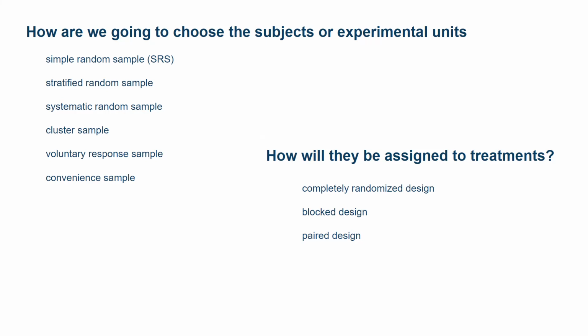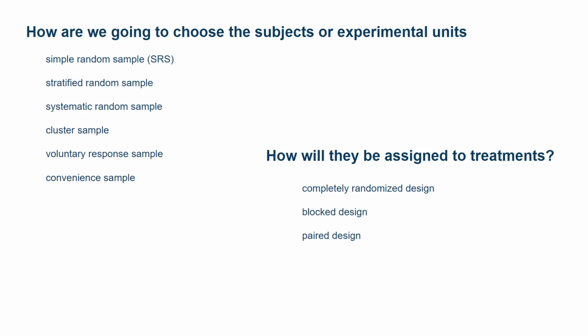A completely randomized design means that maybe you assign everybody a unique number, you put all those numbers into a hat, and then you randomly draw out half of the numbers, and those folks will go into one group, and anyone left in the hat will be in the other group. So that's a completely randomized design.